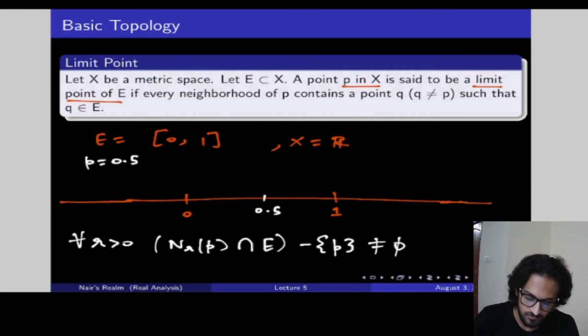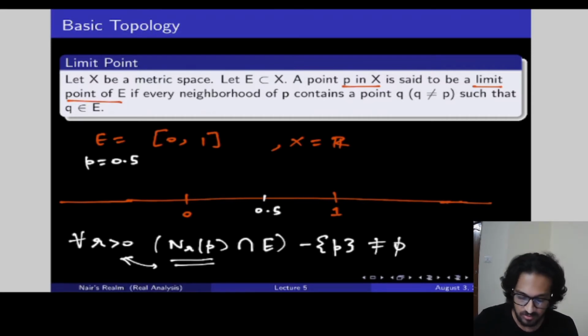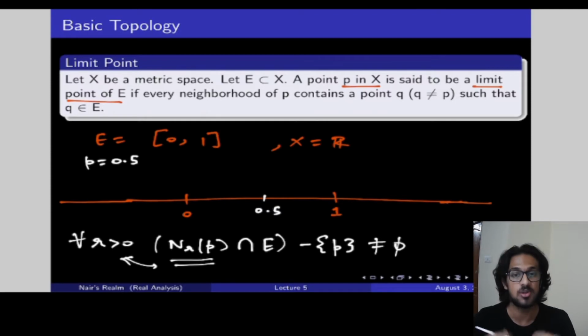So for every neighborhood centered at P, so for all r greater than 0, N_r(P) essentially represents every neighborhood centered at P. Now intersection with E: if this intersection is empty, that means they don't have any common point. If the intersection is non-empty, that means they have some common point.